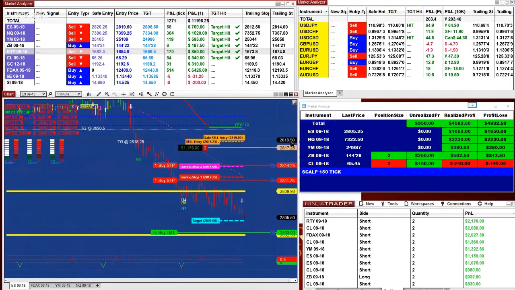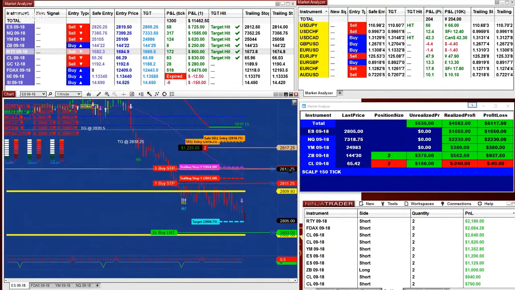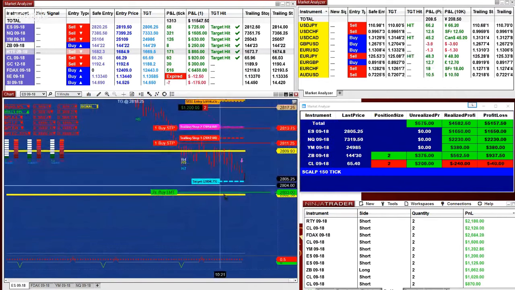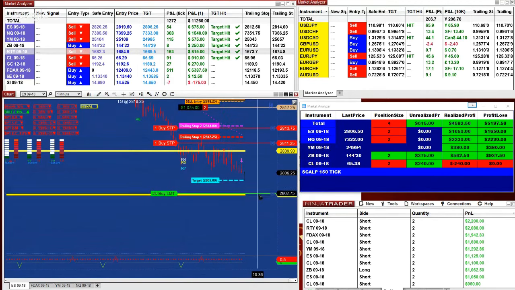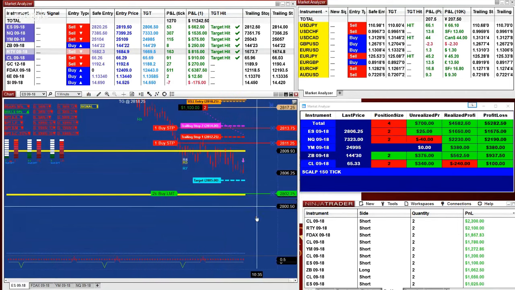If you miss a trend, leave it alone, and then we try to see. You can reverse the market, or you can wait till the next signal comes out. But do not jump on a trade. It's too late.